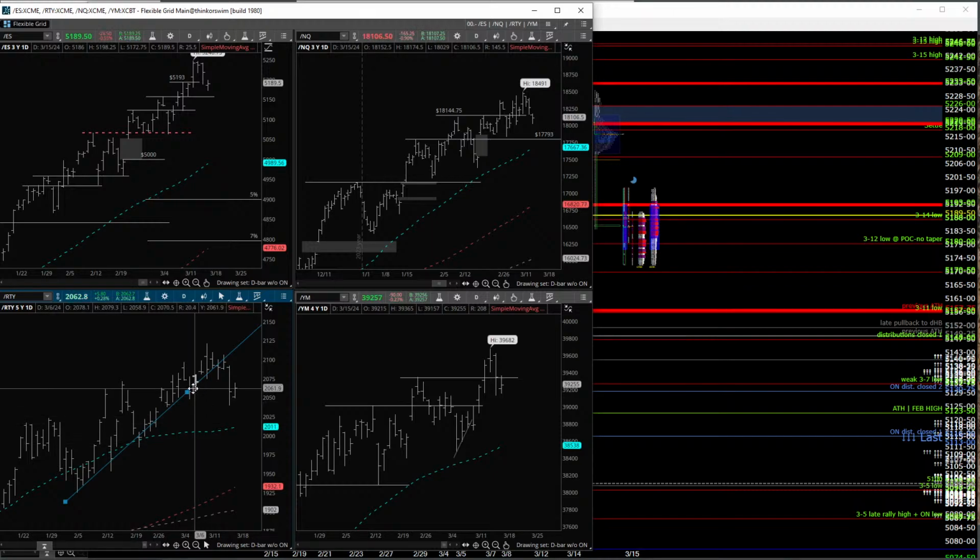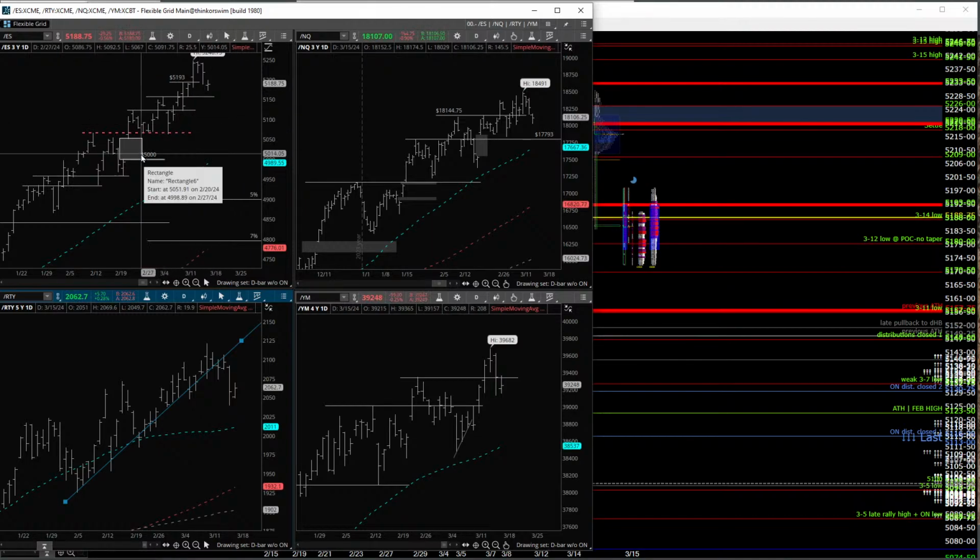That's the catalyst that can trigger a sell-off in a market like this. If the ES is like this, it can take all this inventory out. That can be the Chinese doing something, OPEC doing something, right? That can take this low.